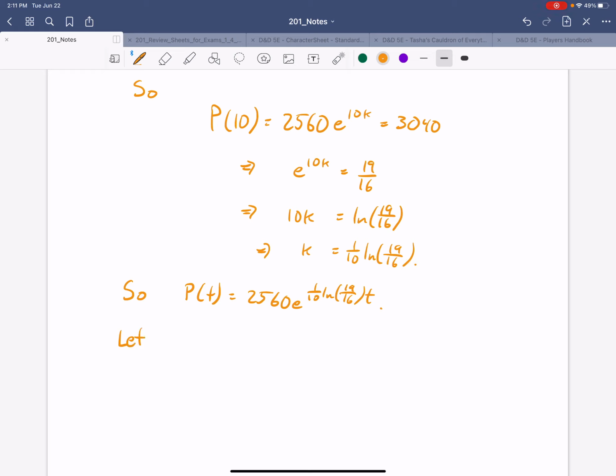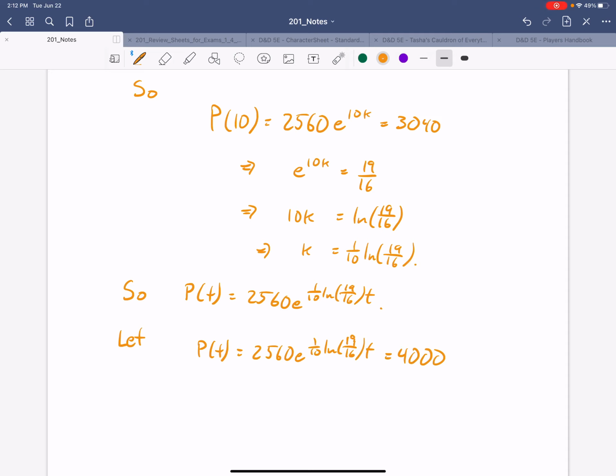So we're going to let P of t equal, well, on the one hand, it's going to be this again. On the other hand, we'll let that equal 4,000.